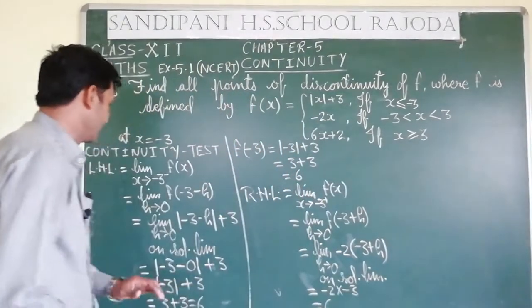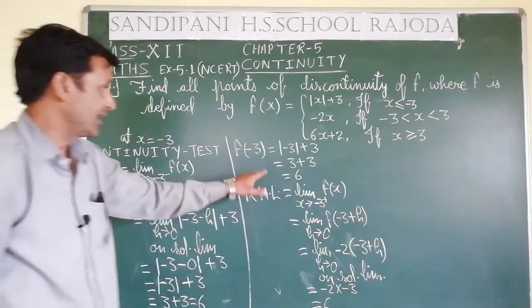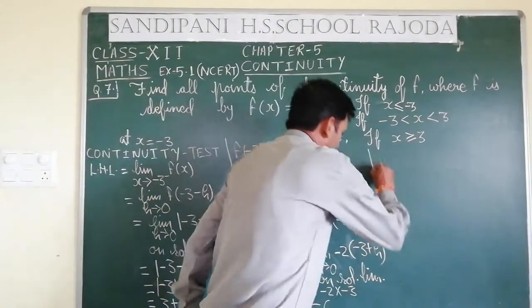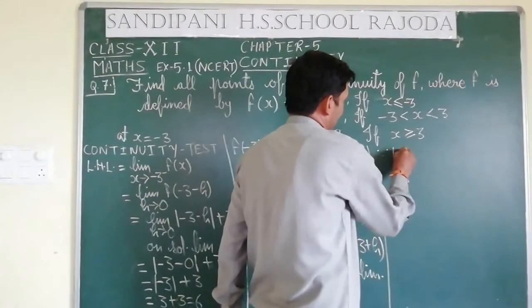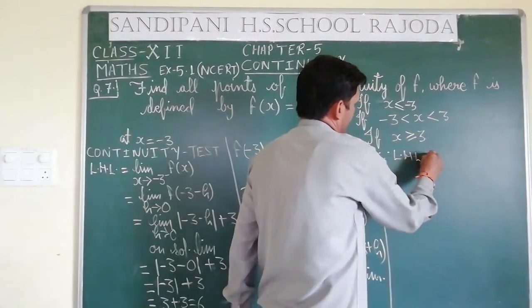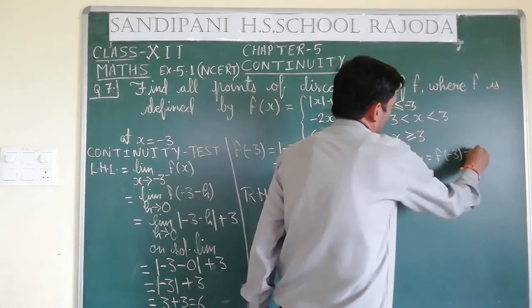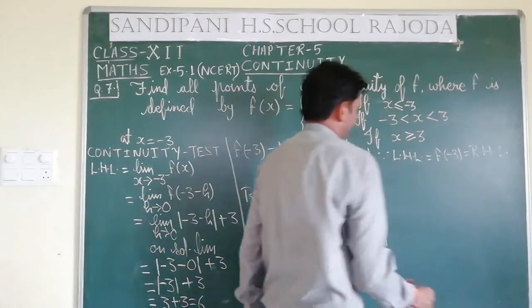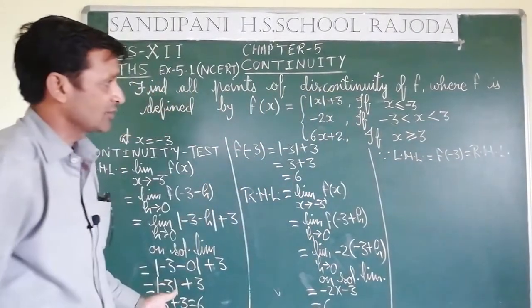So, we can say that LHL is also 6, f of minus 3 is also 6, RHL is also 6, because LHL is equal to f of minus 3 is equal to RHL. Now, this part is over.